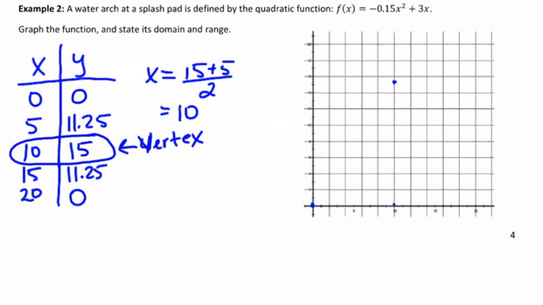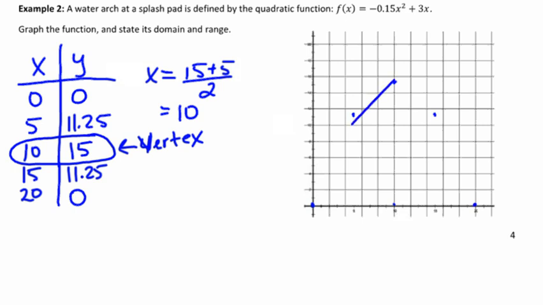The other points that we know are 5 and 11.25 and 15 and 11.25 if we want to plot those two. And 20 and 0. Those are all our points that were on our table.